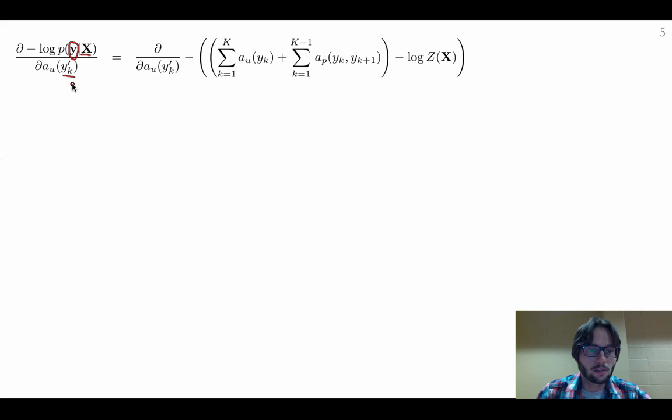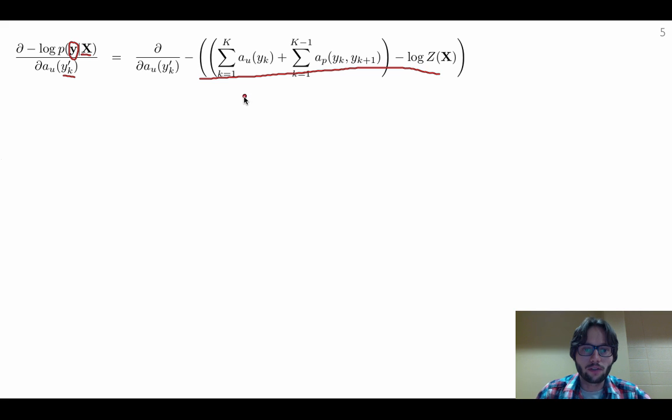So k means we're looking at the position k in the sequence, and y'_k would be some value between 1 and capital C. So here, the only thing I've done is just write what is minus the log of p of y given x for a linear chain CRF.